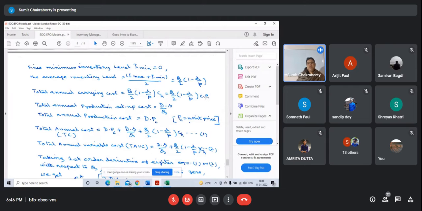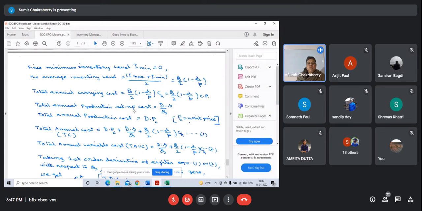CP was there in the EOQ model, where P was basically the procurement cost or unit price. But here capital P is the total annual production. So here we change the capital P for the price with PC. So please change it to PC. Let's take a note somewhere that this is CPC. Q by 2, D by P, CPC.